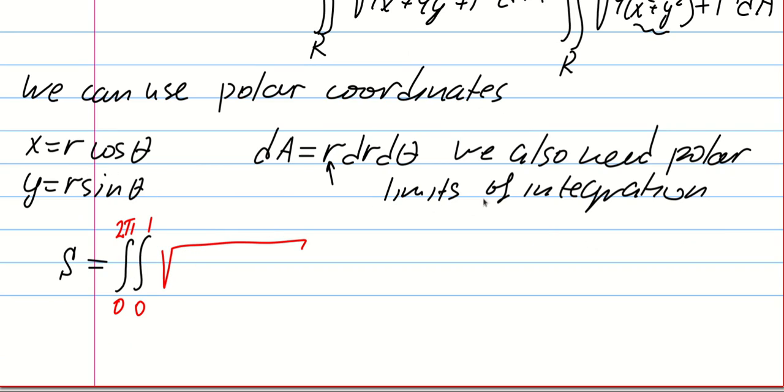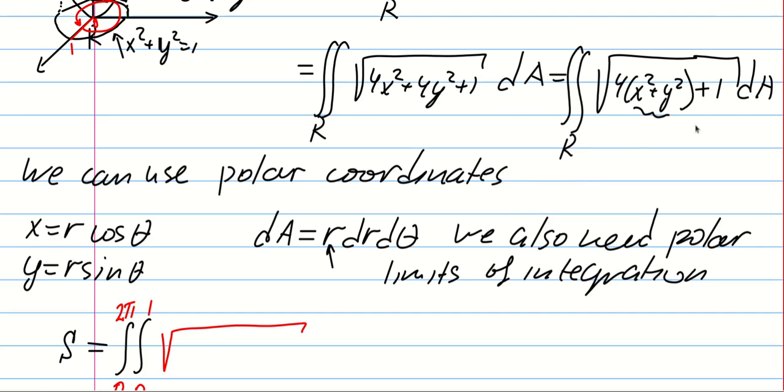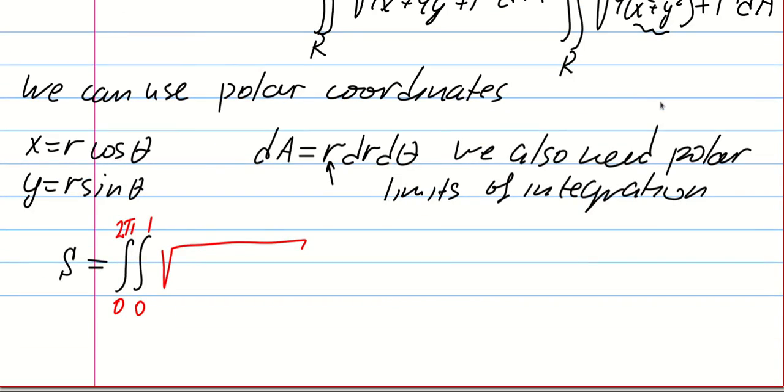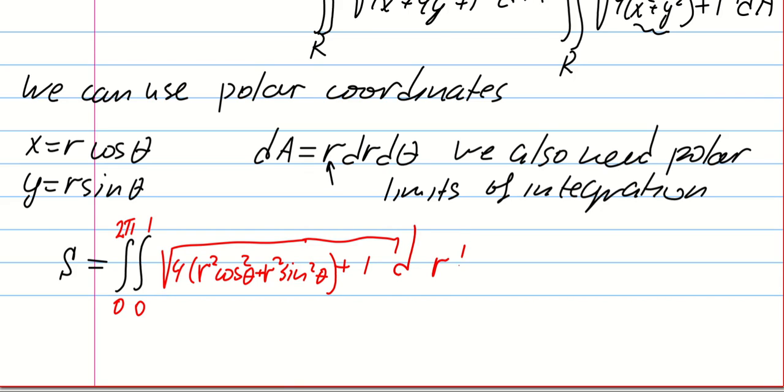Then we put r cosine theta for the x and r sine theta for the y. So it's going to be 4 r squared cosine squared plus r squared sine squared plus 1, and we have dr d theta.